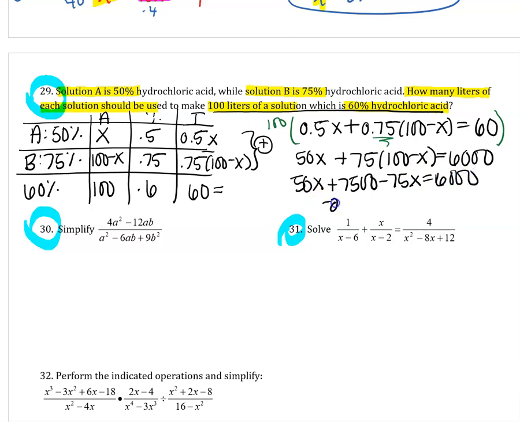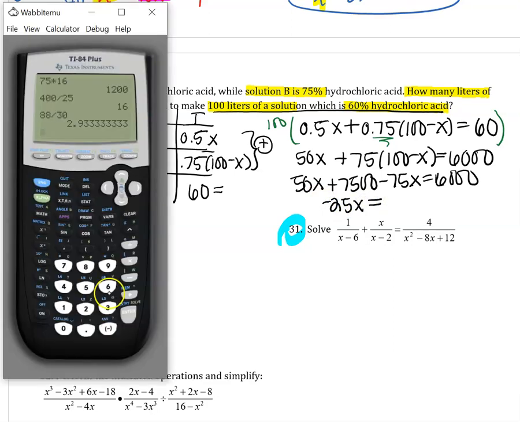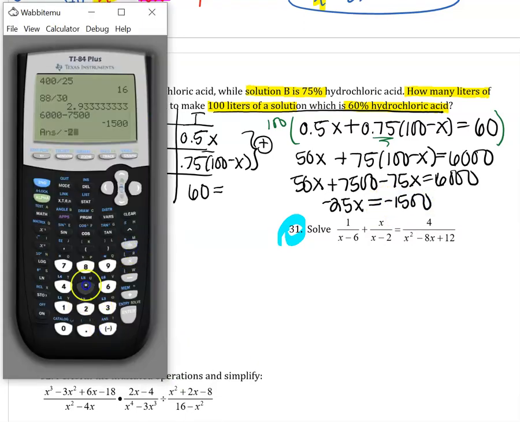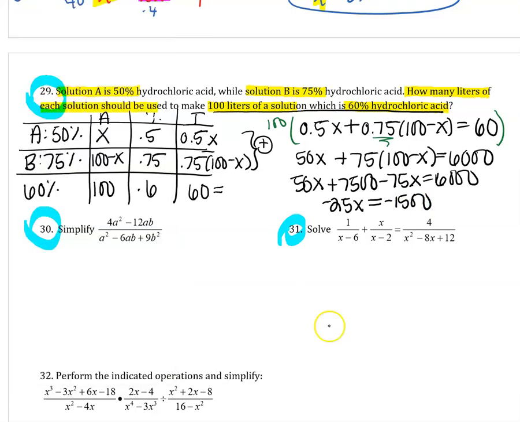Okay, so I get a negative 25x equals, now if I grab my calculator and do 6,000 minus 7,500, I get negative 1,500. Take that and divide it by negative 25, and we get x equals 60.